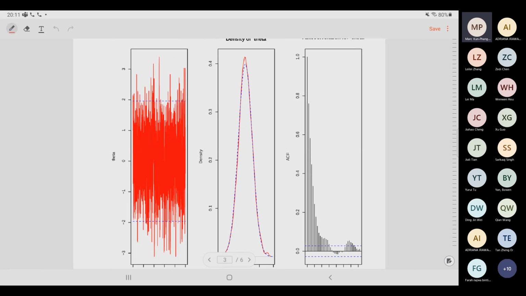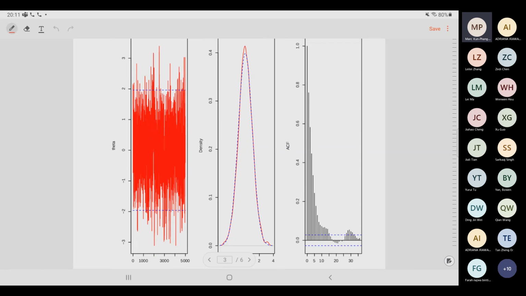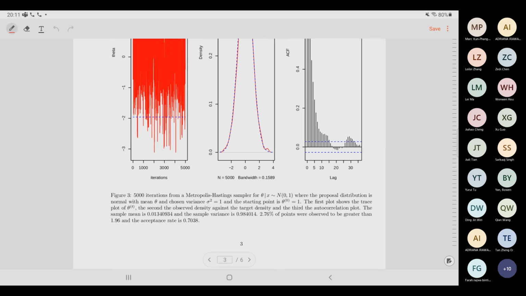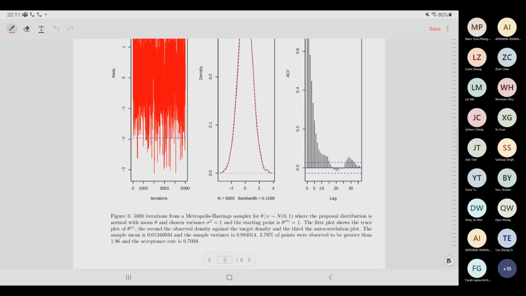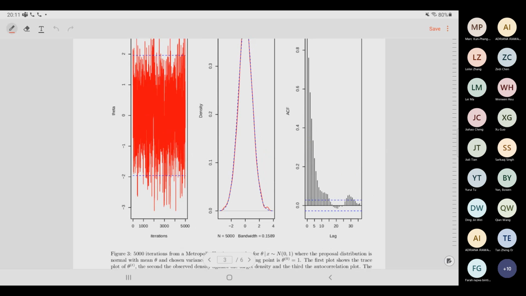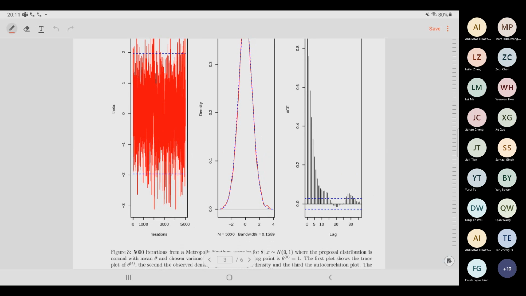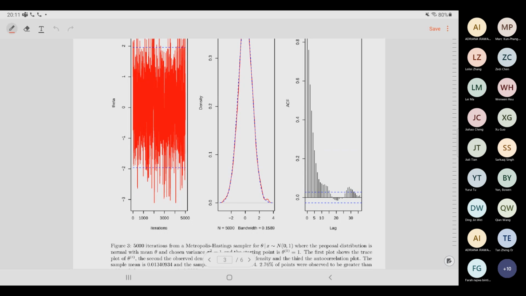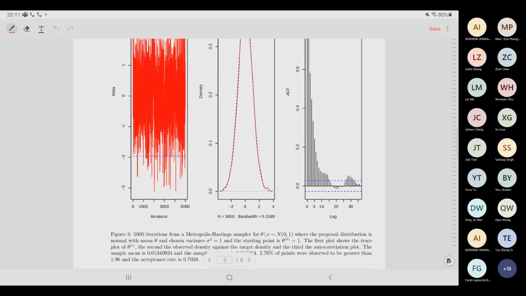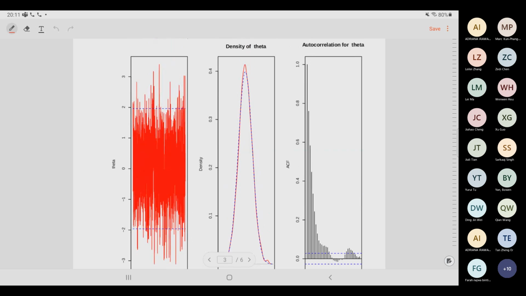Question. Sorry, this autocorrelation plot is the correlation between successive iterations, is it? What's this autocorrelation plot? I think it should be between the samples actually. I have to check that.